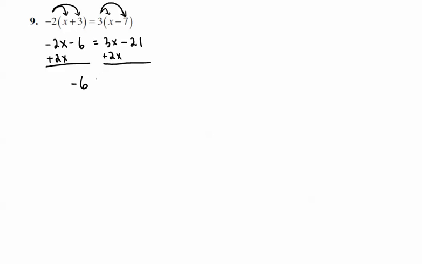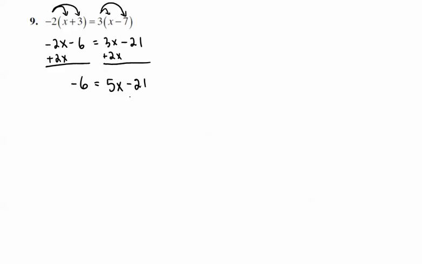So we have a negative 6, then we have 3x plus 2x, which is 5x. Don't forget that we're adding this time. And then minus 21. So at this point my x is in place, and so I just want to get everything else out of the way.